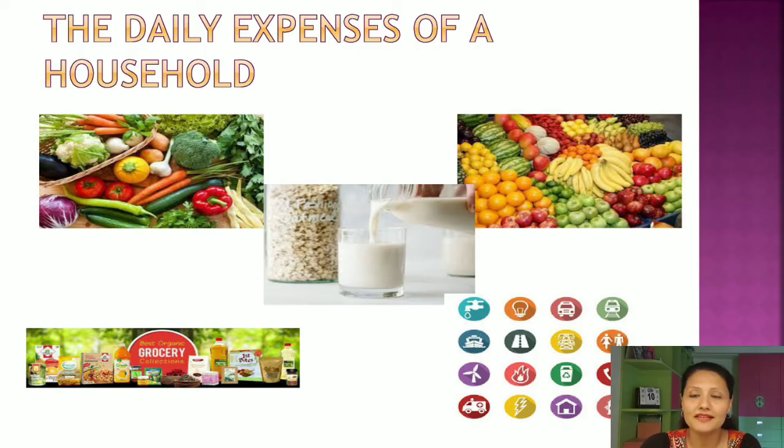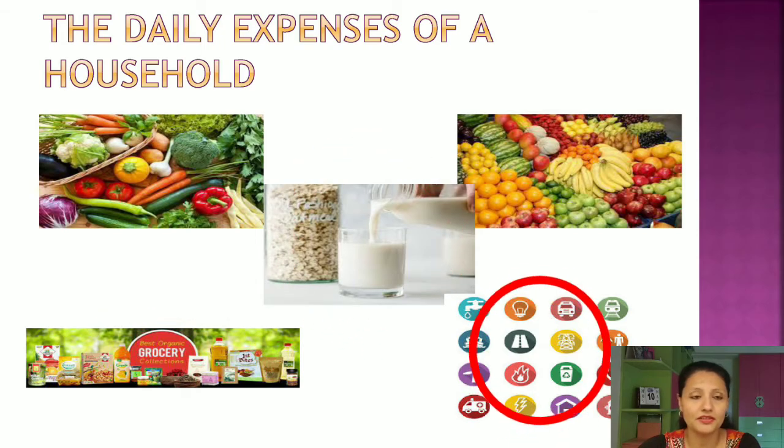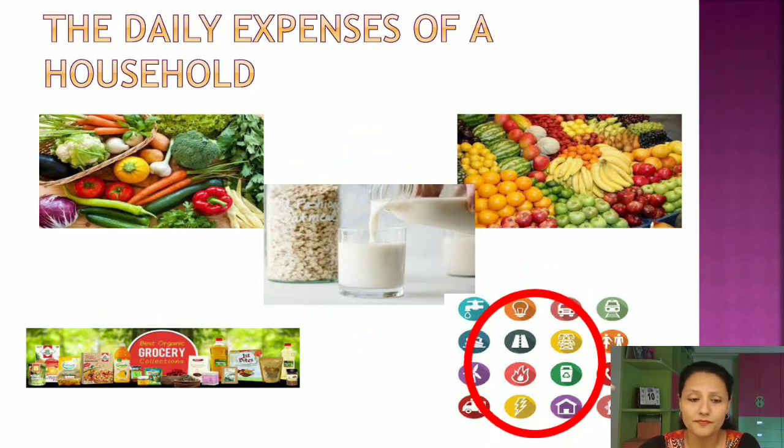Every household spends on a specific list of items every month, say fruits, vegetables, grocery, milk, utility bills like electricity, transportation, etc. Many people like to record these things.